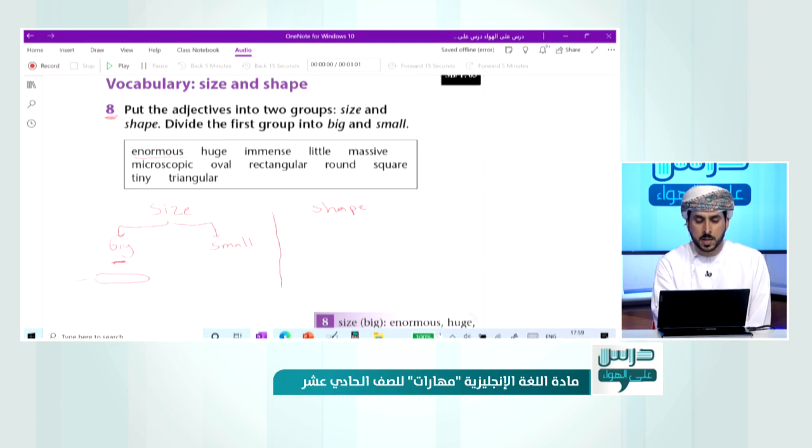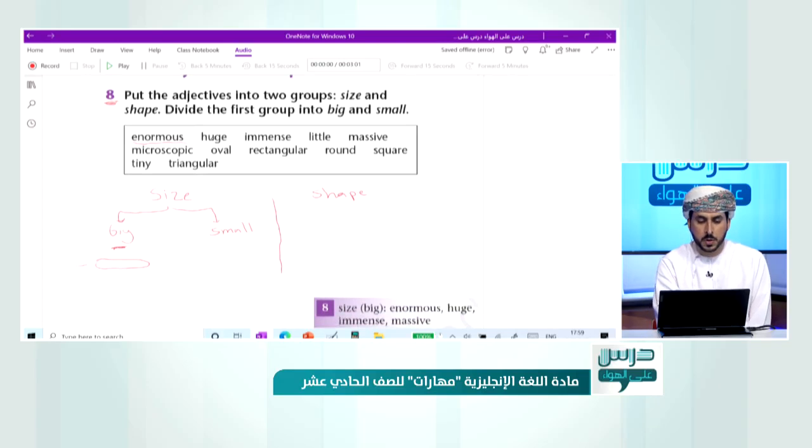What about the second one? Huge. Huge also is a size, it's not a shape, and it comes under the headline of big. Huge. Immense. Immense also means very big, and we can add it to this group.